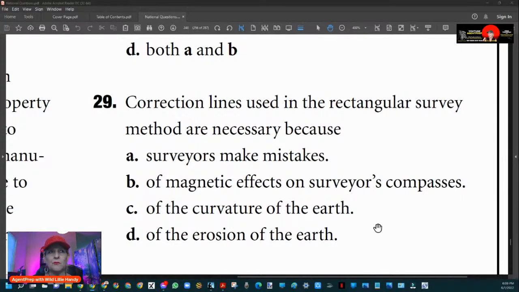Correction lines used in the rectangular survey method are necessary because A, surveyors make mistakes, B, of magnetic effects on surveyors' compasses, C, of the curvature of the earth, or D, of the erosion of the earth.